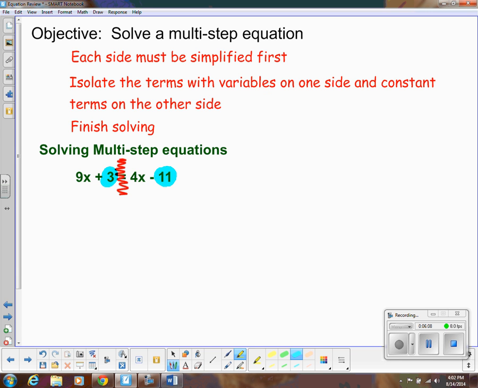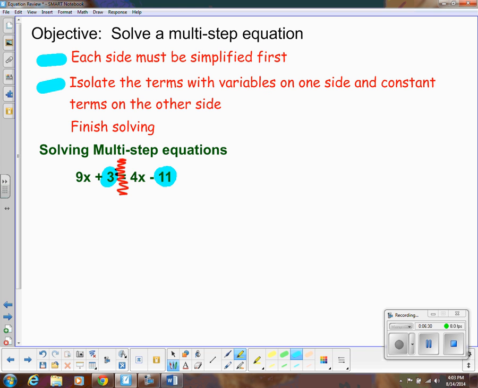No, because they're unlike. Can you add 4x to negative 11? No, they're unlike. And the reason why is 4x has a variable, 11 does not. So as far as my first step of simplifying each side first, I can't do it. It's already simplified.